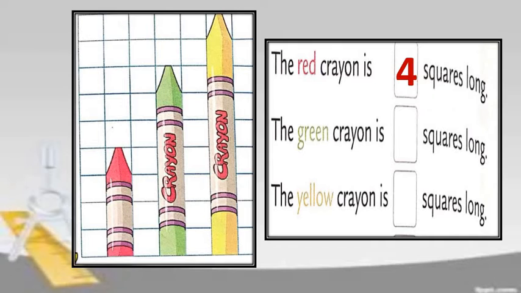Now move on to measure this green crayon. Make sure that we have to start measuring from bottom. The green crayon is dash squares long. 1, 2, 3, 4, 5, 6, 7.